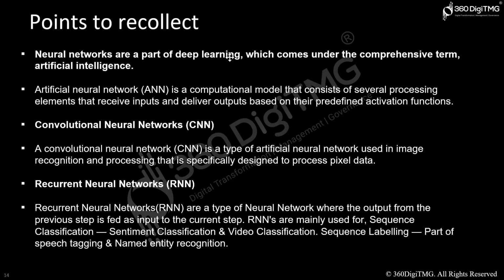A convolution neural network is a type of artificial neural network used in image recognition and processing that is specifically designed to process pixel data.